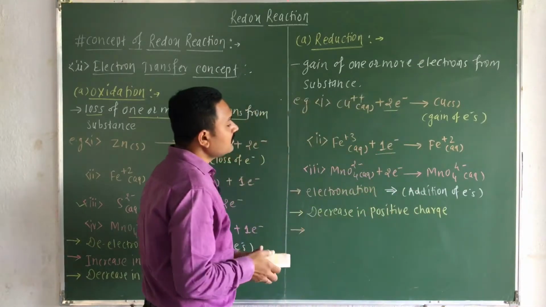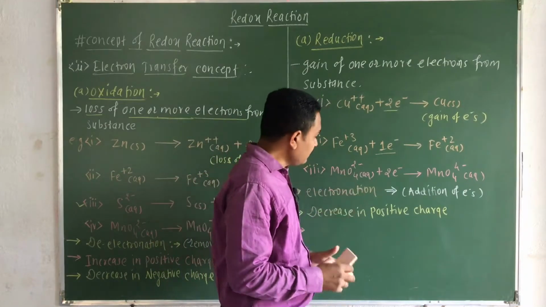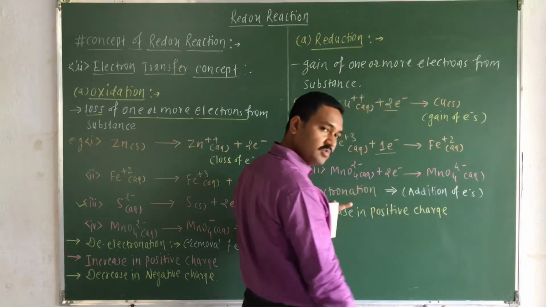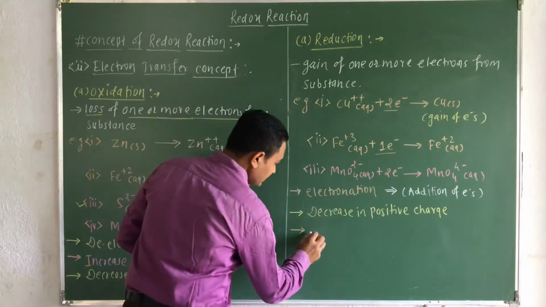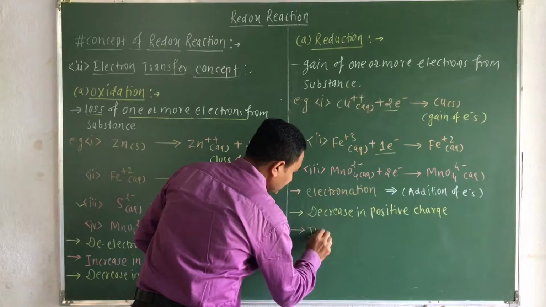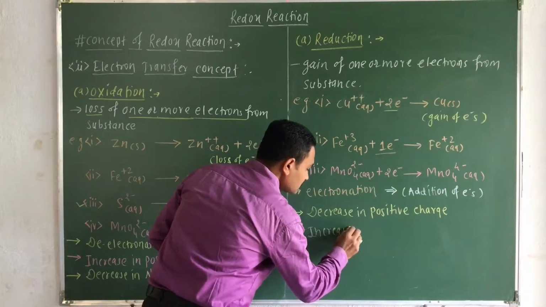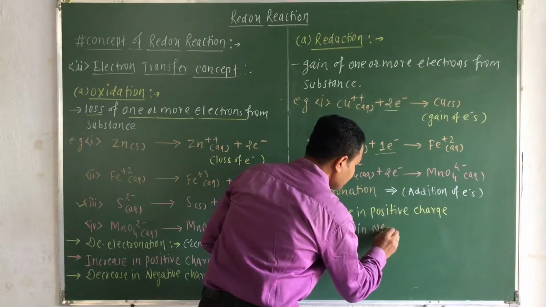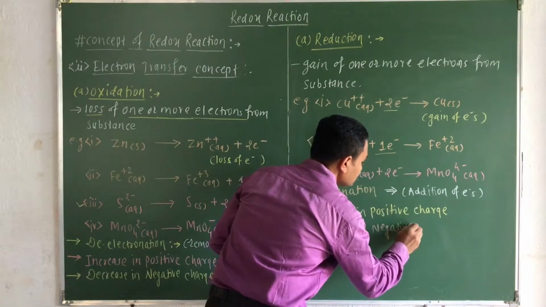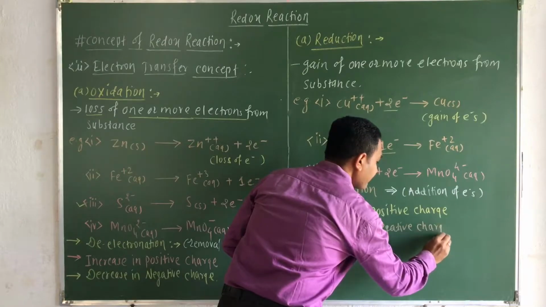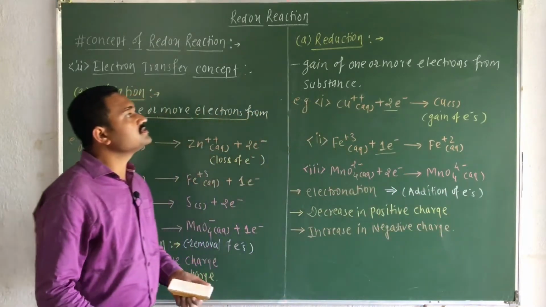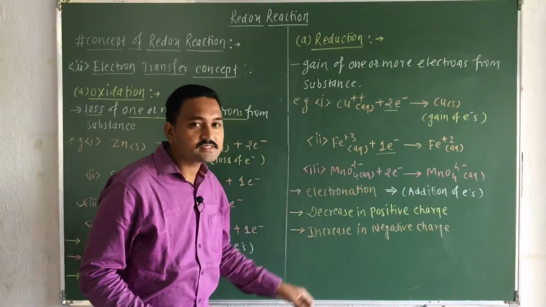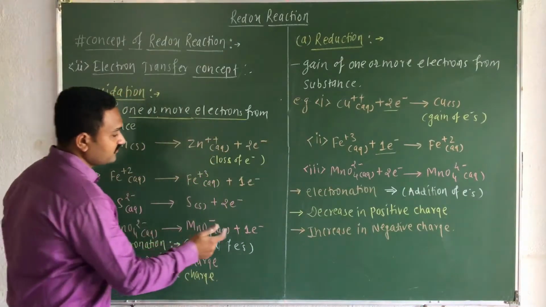By observing the third example, minus 2 charge converted to minus 4 charge, so there is an increase in negative charge. So during the reduction reaction there is an increase in the negative charge.